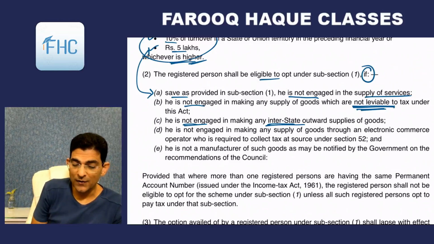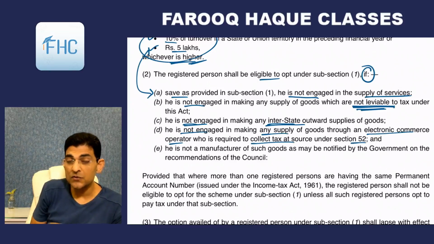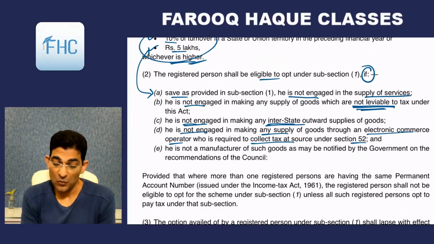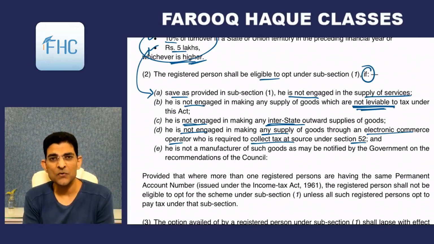Understood? Good. Next, he is not engaged in making any supply of goods through an electronic commerce operator who is required to collect tax under section 52. If I am selling through an eco who is required to collect tax under section 52. This we'll see when the time comes. So right now just remember this point, that if you are supplying through eco, this is for goods, not for services.